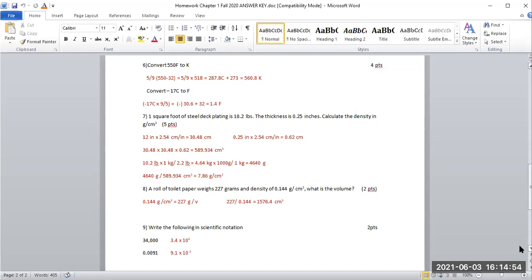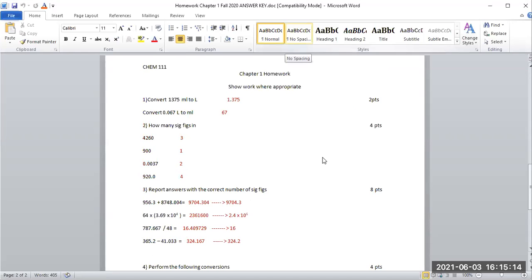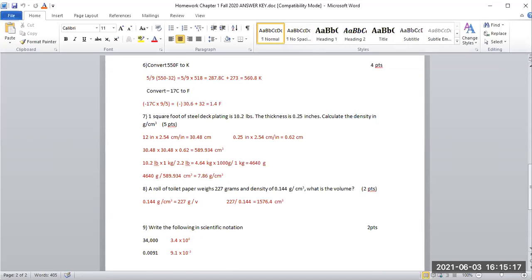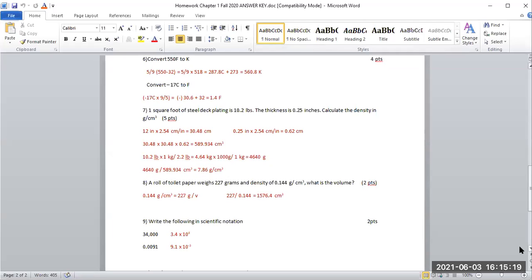This is a tile, okay? It is 1 foot wide, 1 foot long, but it's only 1/4 of an inch thick. I converted each of my units over to centimeters, and then I multiplied my 3 units together. You don't have to do it this way. You could have done your multiplication first and then converted it. It would not give you a different answer.